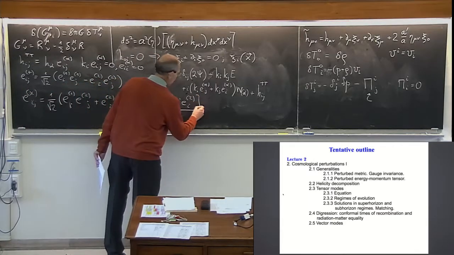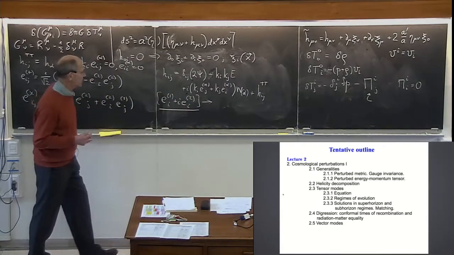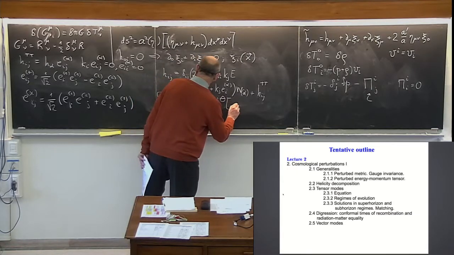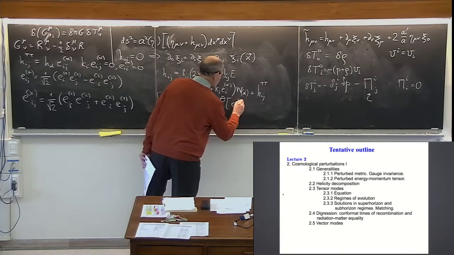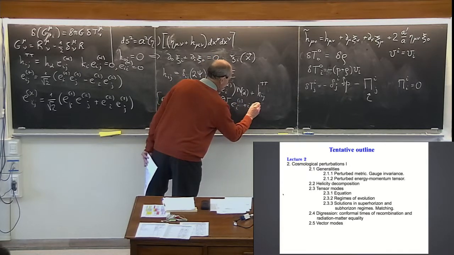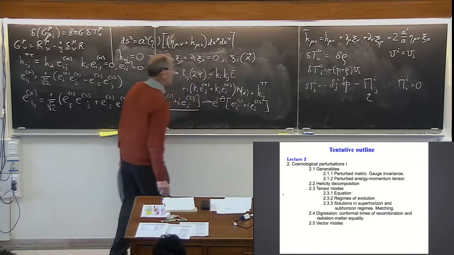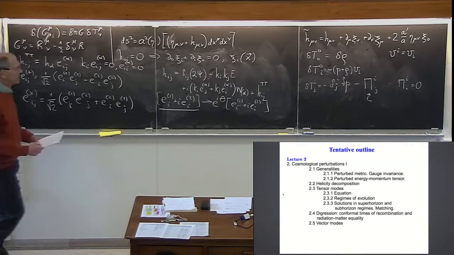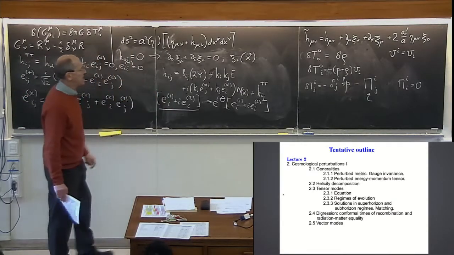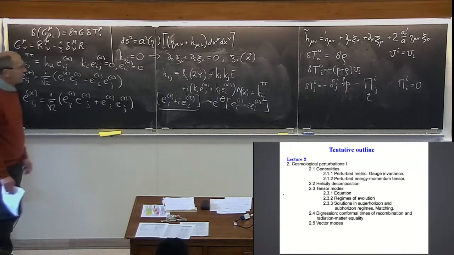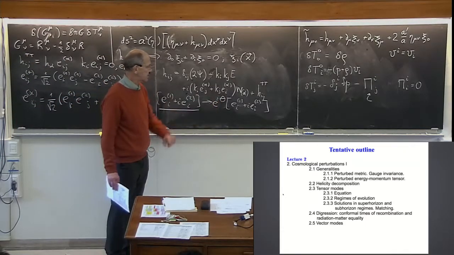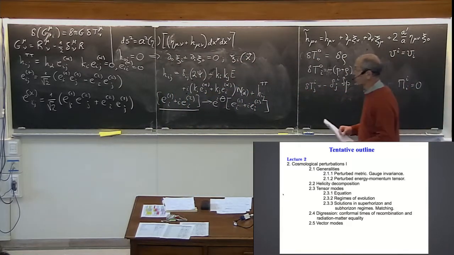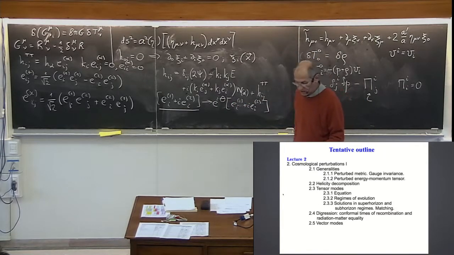Under a rotation by angle theta, it goes like this. That's what I meant by irreducible representation of the SO(2) group. These are circular polarizations of photons. They transform as irreducible representations, and the fact that there is 1 here means that helicity is equal to 1. And the complex conjugate transforms with minus i, and the helicity is minus 1.